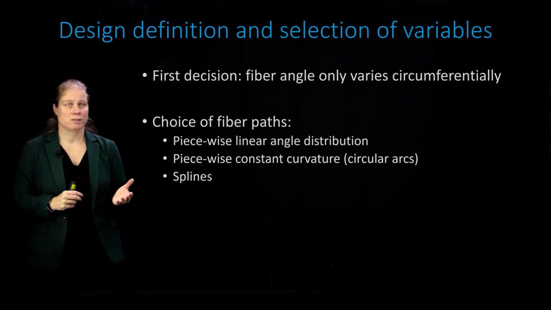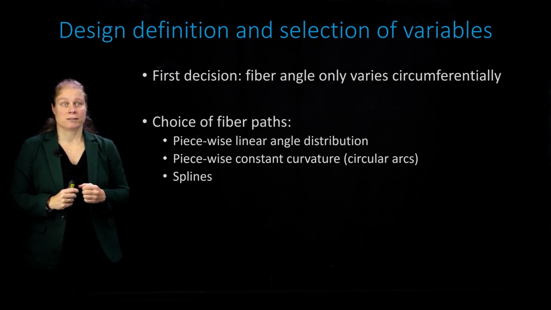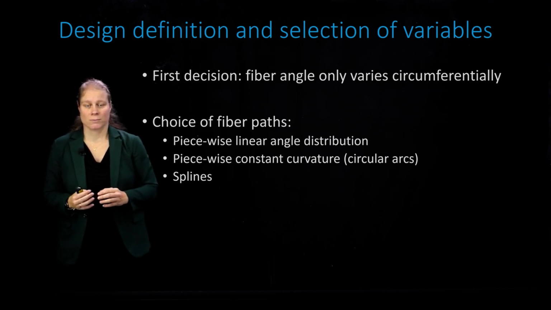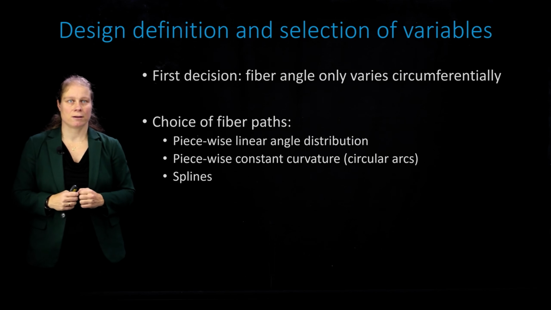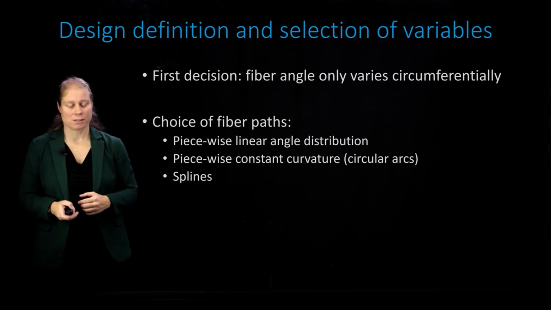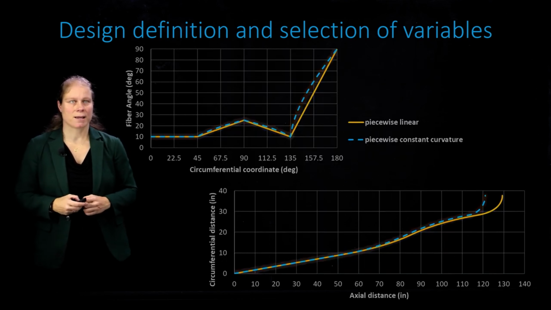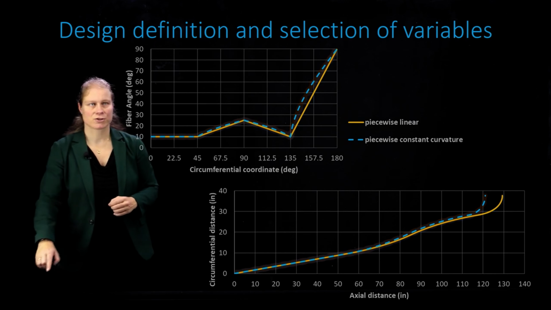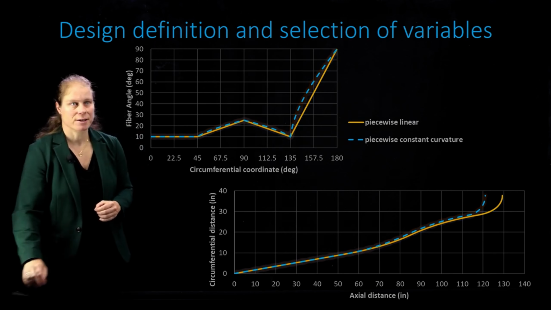And then the last one is using splines. It could be a Bezier curve, it could be a B-spline. There are different choices there. It's more of a thing that mathematicians are more familiar with than most engineers. But again, I will try to illustrate that here.